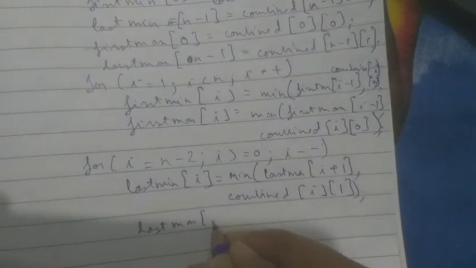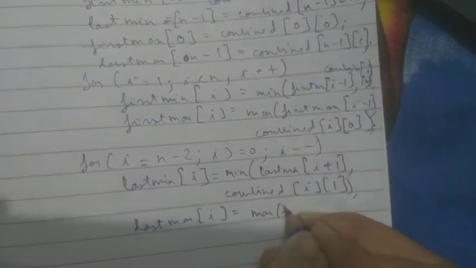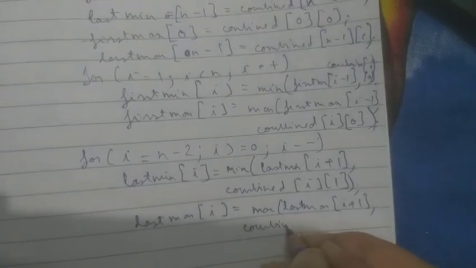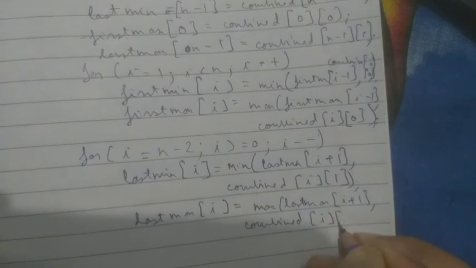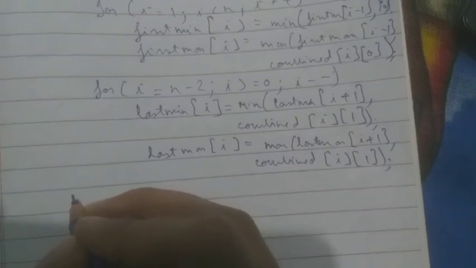Okay, last max of I is equal to max of last max of I plus 1 comma combined I and 1.